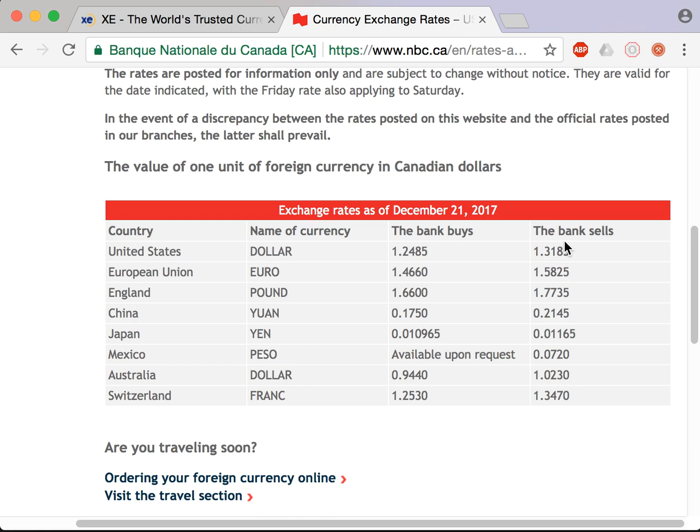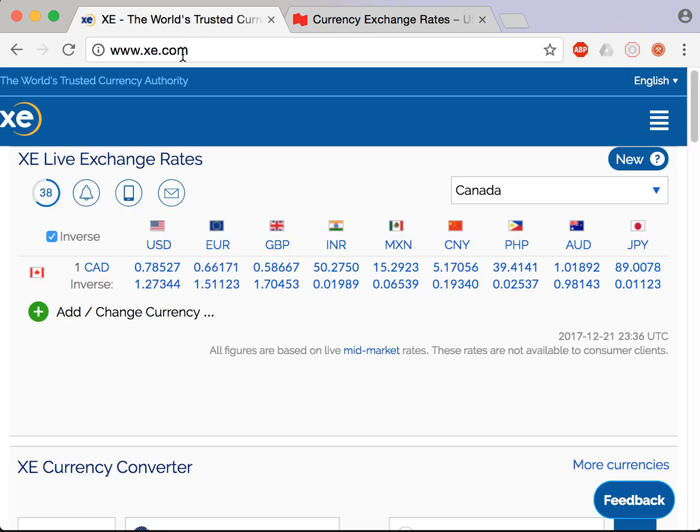And why does this spread exist? Well, it exists because banks want to make money. If they were going to charge you the amount of money that you see here at every instant, and by the way, this page gets updated every minute, but you could update it quicker if you refresh it, because these currencies always change.